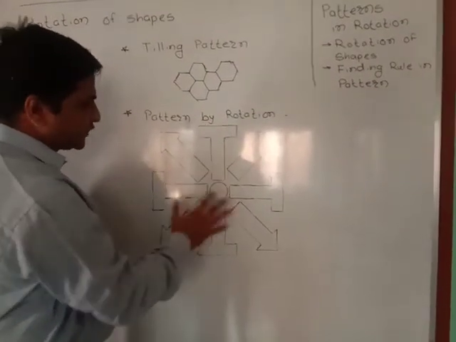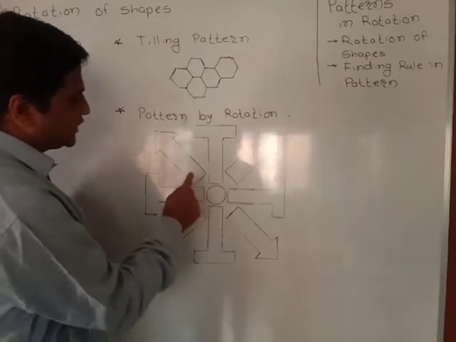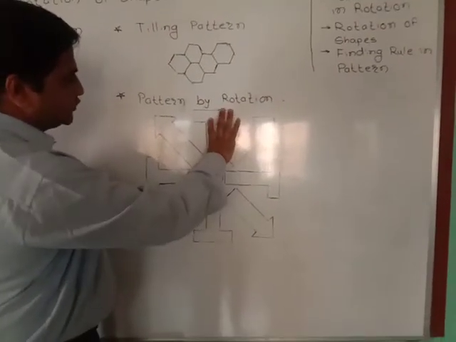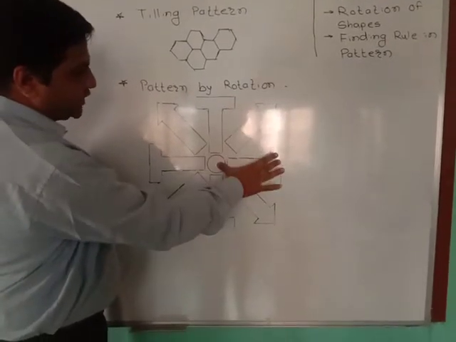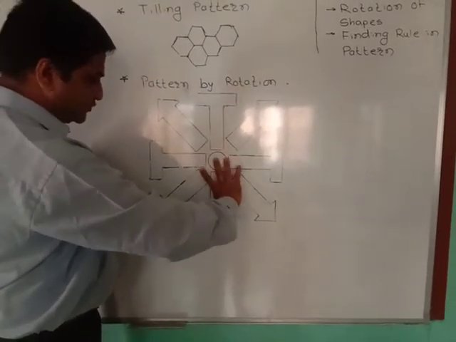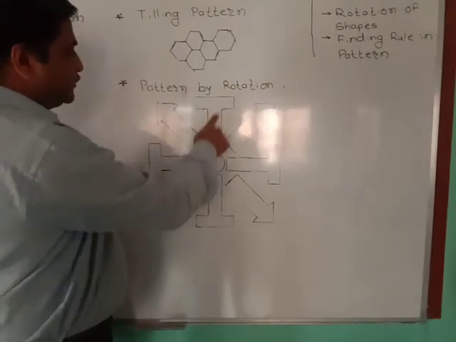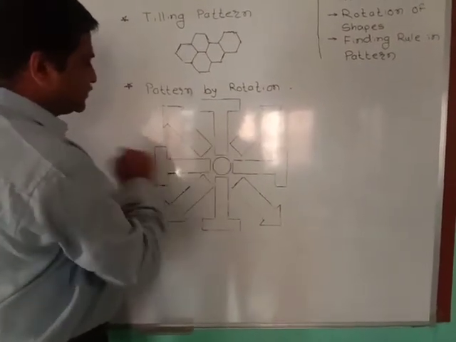For example, in this pattern you can see that this shape T is rotated from this angle to this angle, again from this angle to this angle, and from this angle to this angle, so that a particular pattern is formed by the T shape.